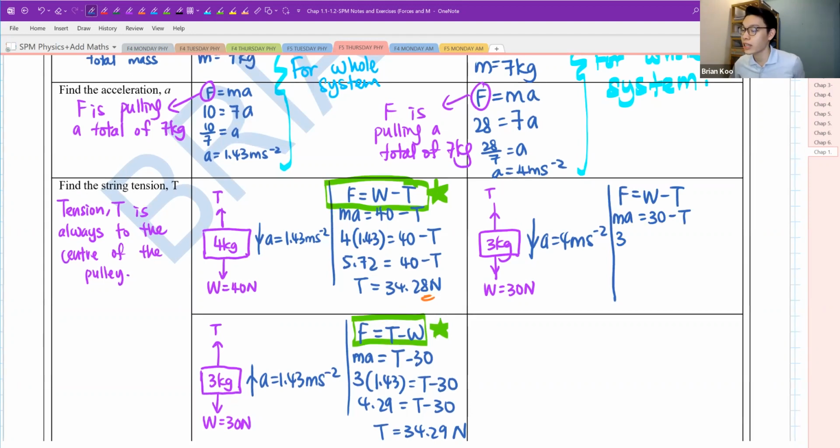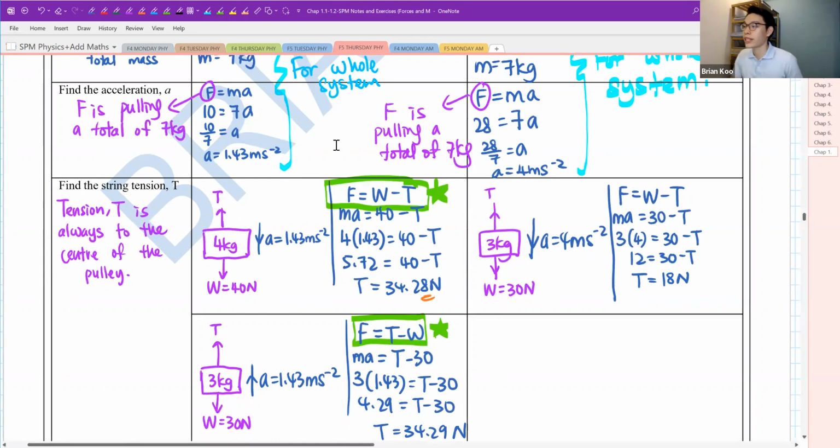The mass is 3 kg because I'm focusing on the 3 kg only. Acceleration is 4. This 3 kg is accelerating down at 4 meters per second squared. Right, so the tension of the string is 18 newtons.